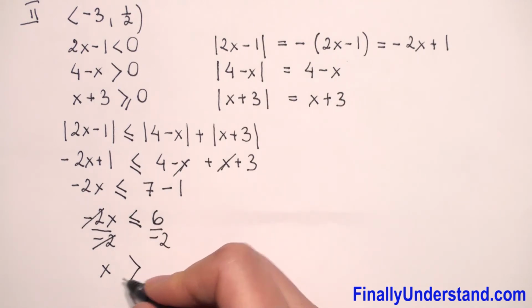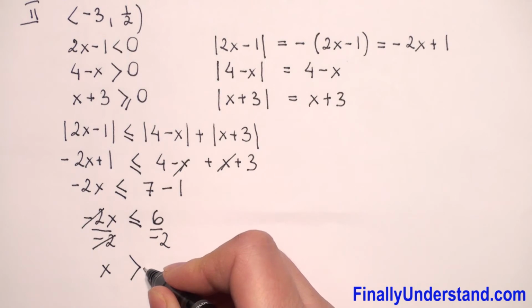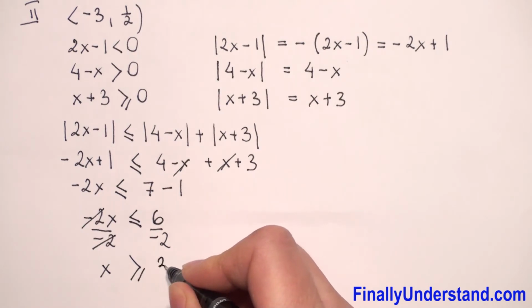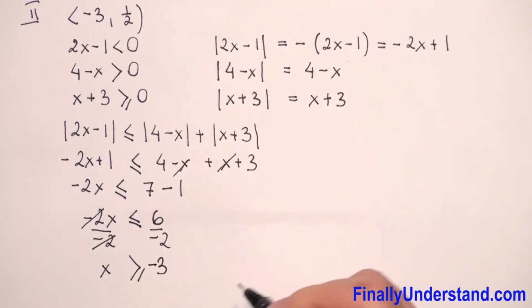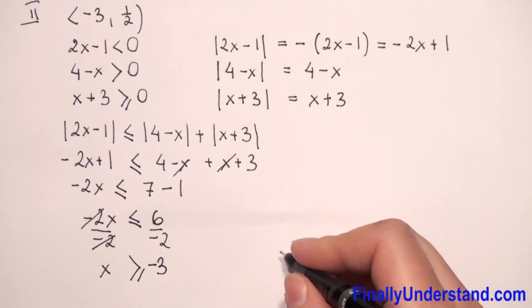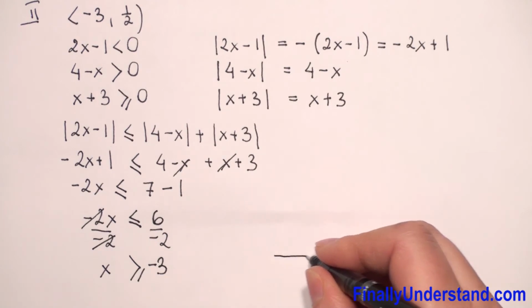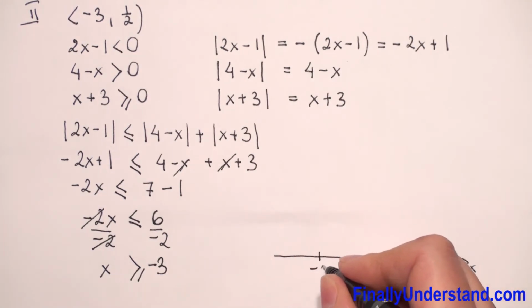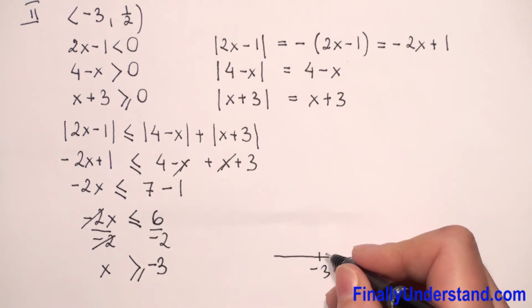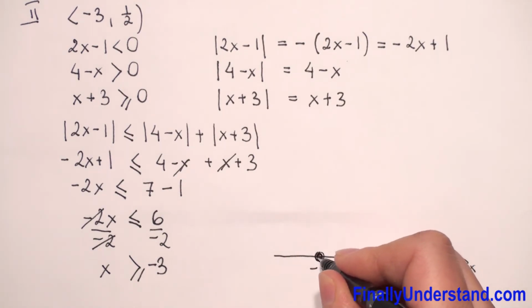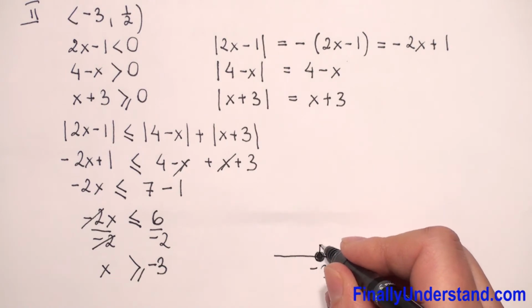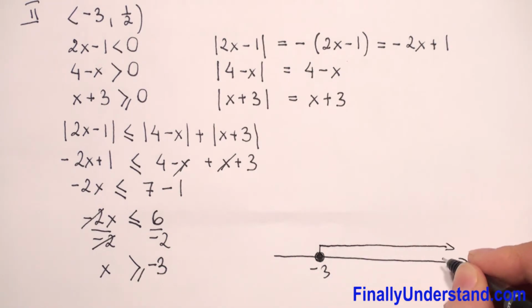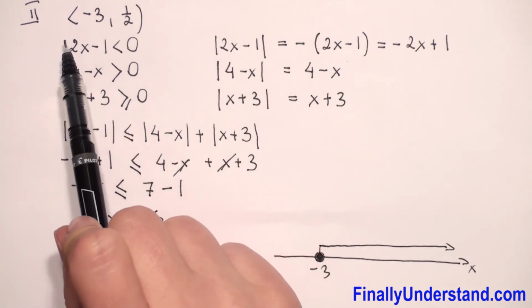So it will be x is greater than or equal to negative 3, of course. So now let me draw this interval. x must be greater than or equal to negative 3.